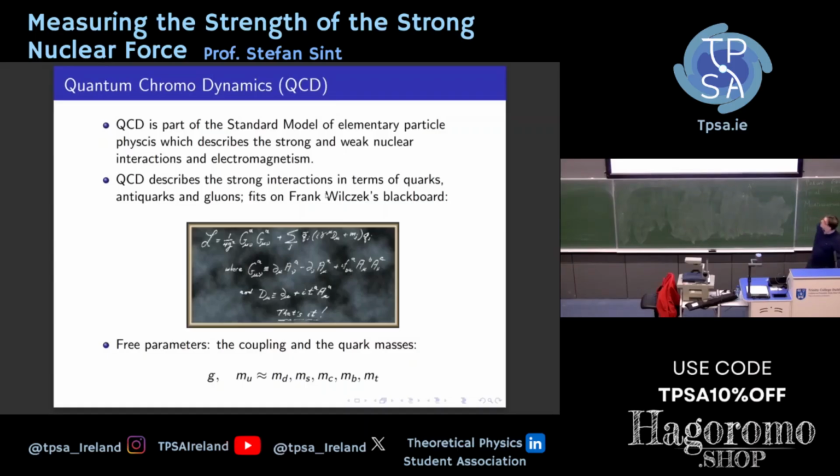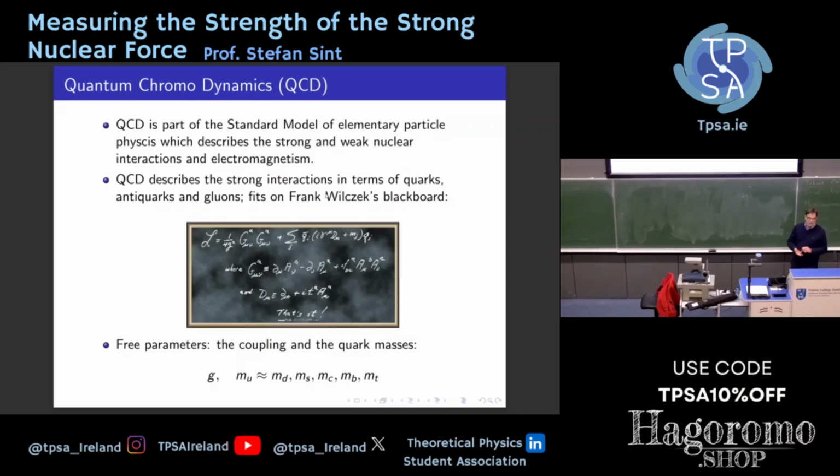So let me get started on the QCD or quantum chromodynamics part of the standard model. It's one of the pillars of the standard model. The standard model describes the strong and the weak nuclear interactions and electromagnetism.